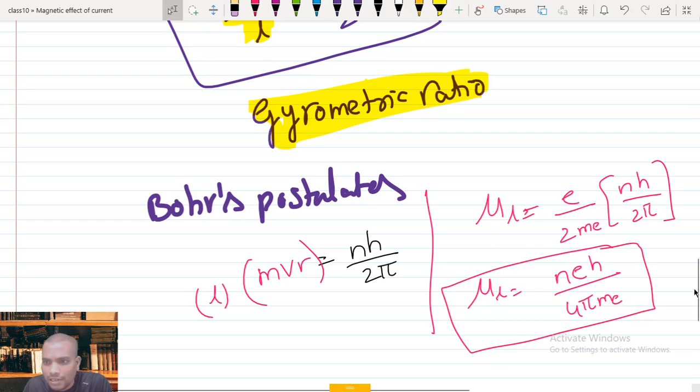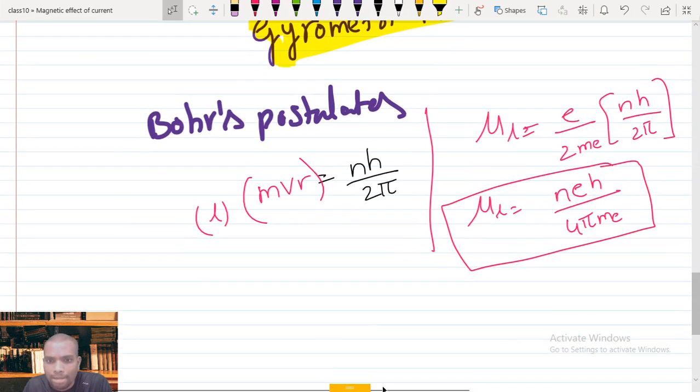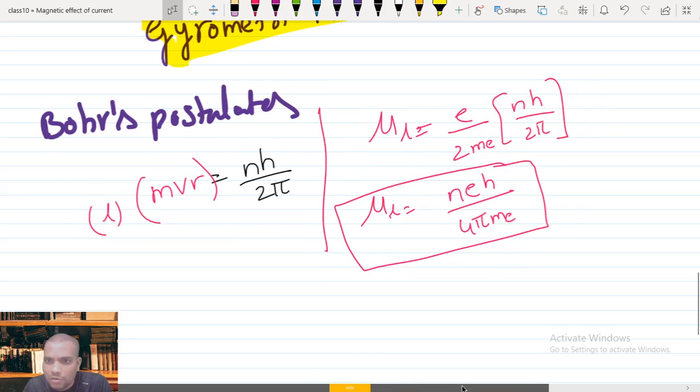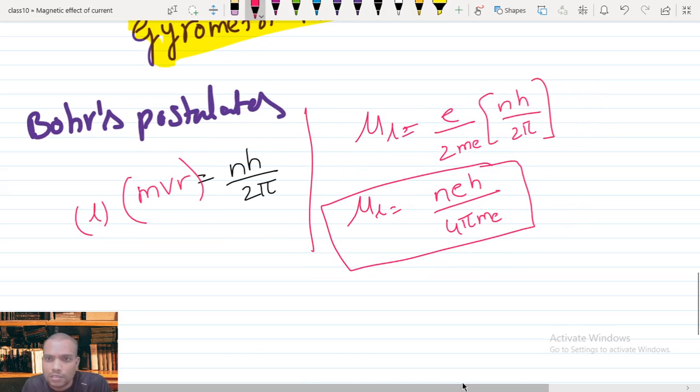Let us know about the characters. h is the Planck constant, e is the charge of the electron, n equals 1, 2, 3 and so on, the natural numbers, pi is a constant, and m suffix e is the mass of the electron.